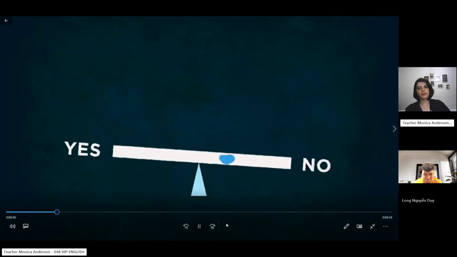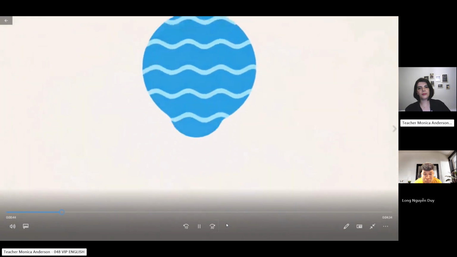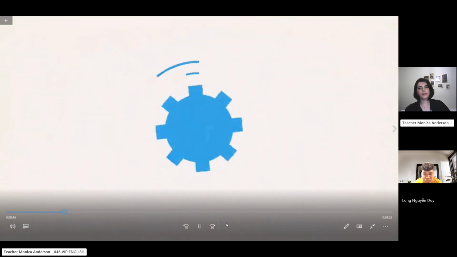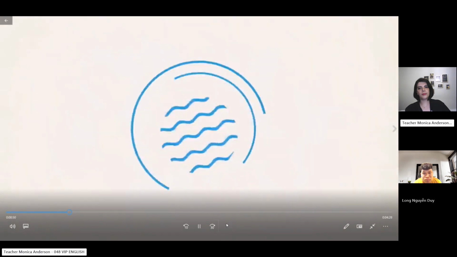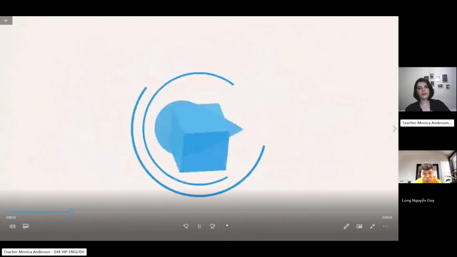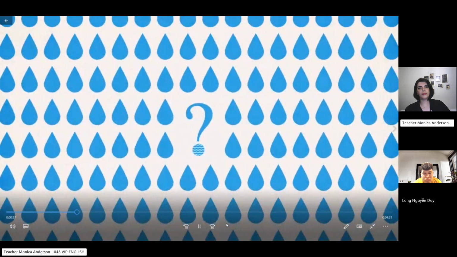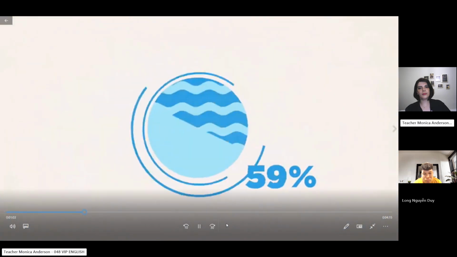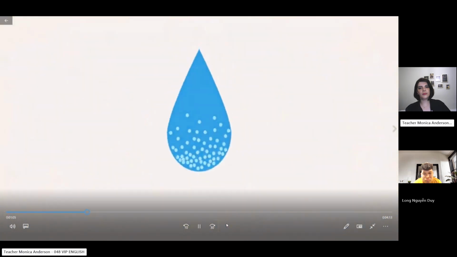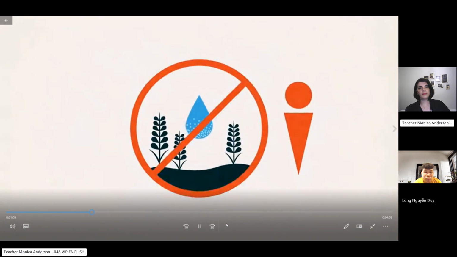Well, yes and no. At a planetary scale, Earth can't run out of fresh water thanks to the water cycle, a system that continuously produces and recycles water, morphing it from vapor to liquid to ice as it circulates around the globe. So this isn't really a question of how much water there is, but of how much of it is accessible to us. 97% of Earth's liquid is salt water, too loaded with minerals for humans to drink or use in agriculture.